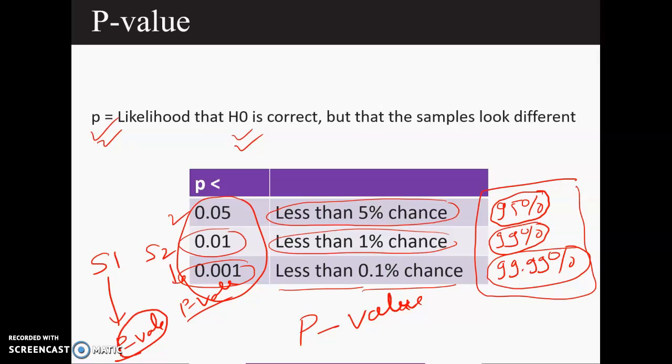You will compare the p-value with these values. That is, if the p-value is less than 0.05, then what will happen? If the p-value is less than 0.01, then what will happen? Similarly, you will check for the last value. So p-value basically helps in finding the level of significance for the hypothesis.